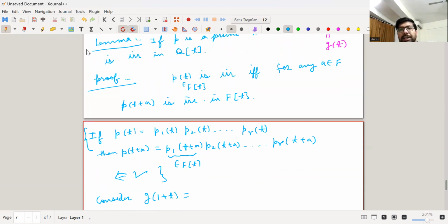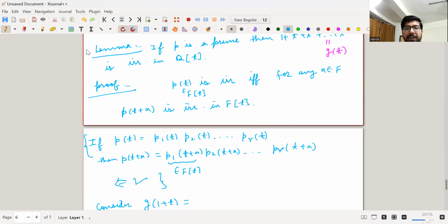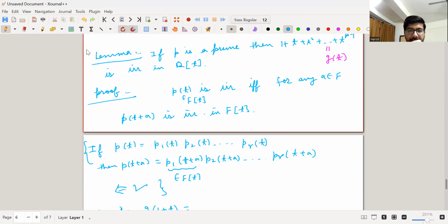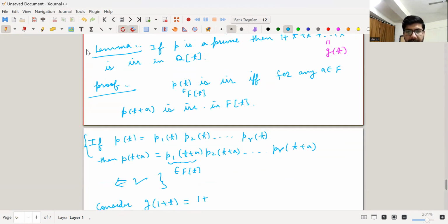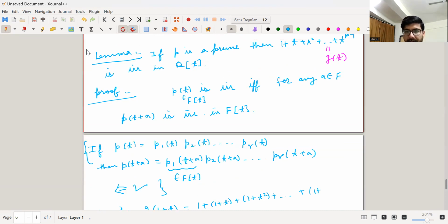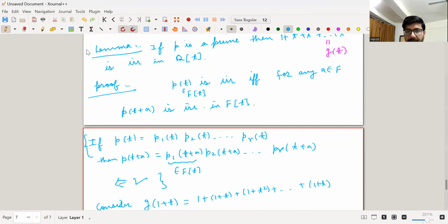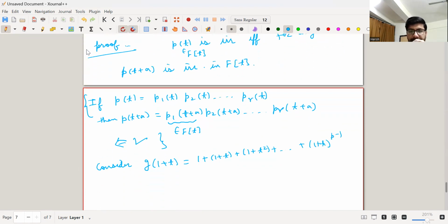So checking whether g(t) is irreducible is same as checking whether g(1 plus t) is irreducible, right? So you replace t by 1 plus t here. So 1 plus (1 plus t) plus (1 plus t) square plus so on to (1 plus t) to the p minus 1. Okay, this becomes this.